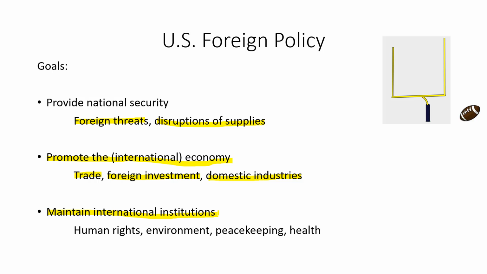I'll even give you an example on that later on of how that works. But the global issues of human rights, the environment, peacekeeping, and the health and disease issues that we're dealing with right now, those are global issues that states delegating to international institutions is a more efficient way of trying to address. And so therefore, these international institutions need to be maintained.